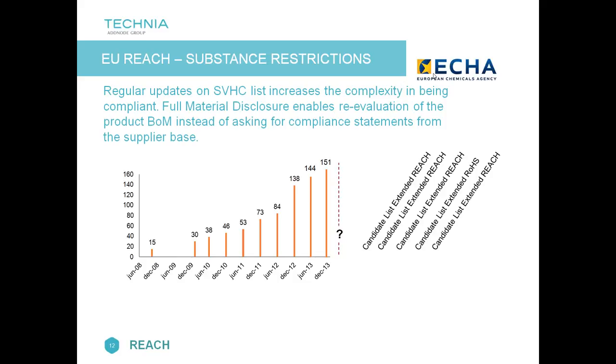For the REACH regulation, there are continuously updated twice per year, number of substances are added. And if you do collect full material declarations, then it's a lot easier to stay in compliance and just reevaluate the information that you already have in your database for your product BOM.